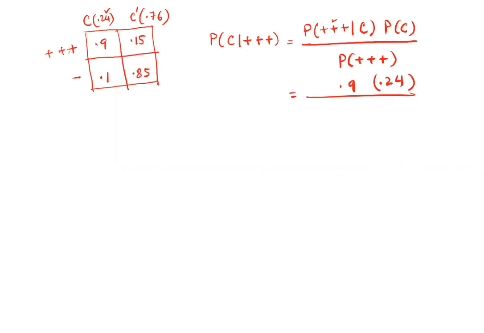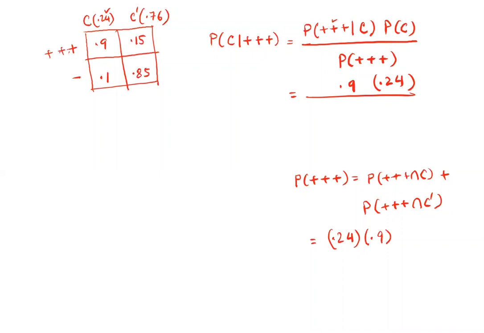Now, the probability of testing positive for the third time is going to be the probability of testing positive for the third time and cancer, plus the probability of testing positive for the third time and not having cancer. That is the probability of cancer, which is 0.24, times the probability of testing positive given the person has cancer, which is 0.9, plus 0.76 times 0.15.